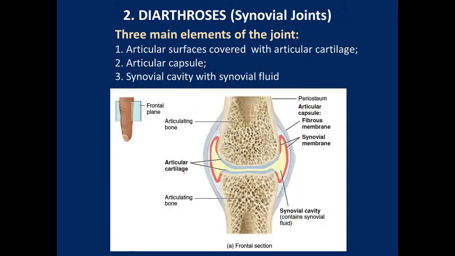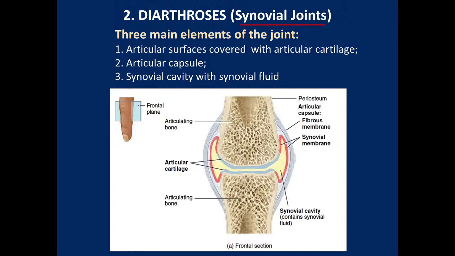Next group is the diarthrosis group, or synovial joints. The characteristic of a synovial joint that distinguishes it from other types of joints is the presence of a space called a synovial cavity.